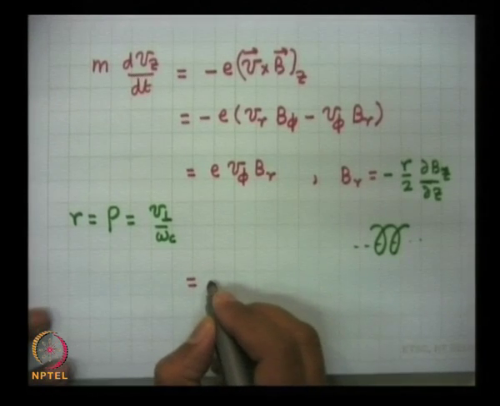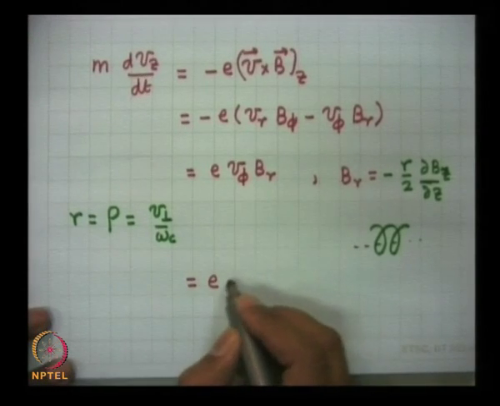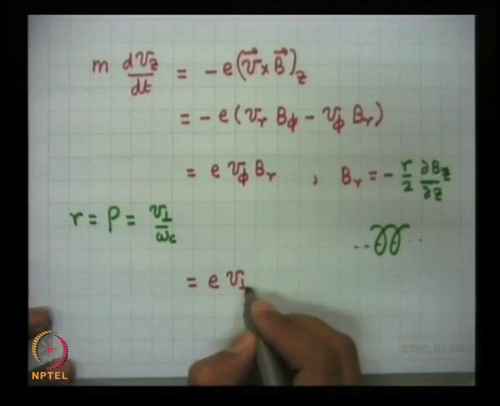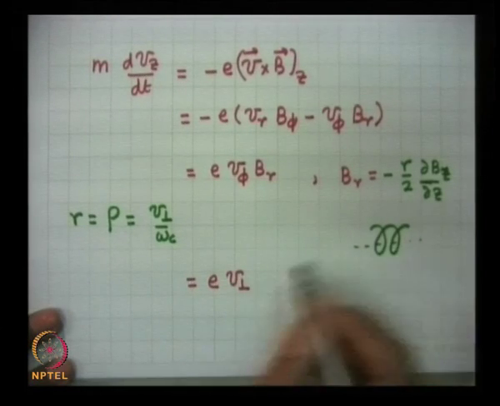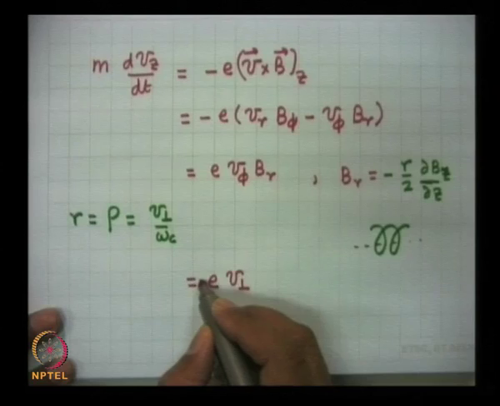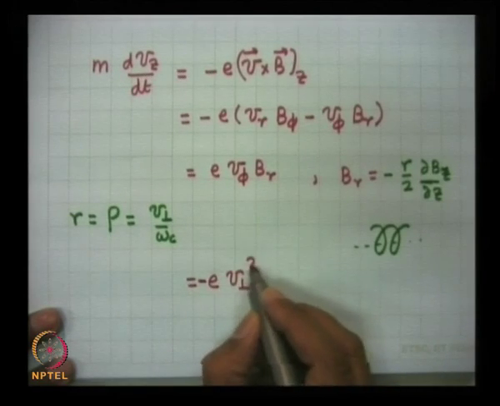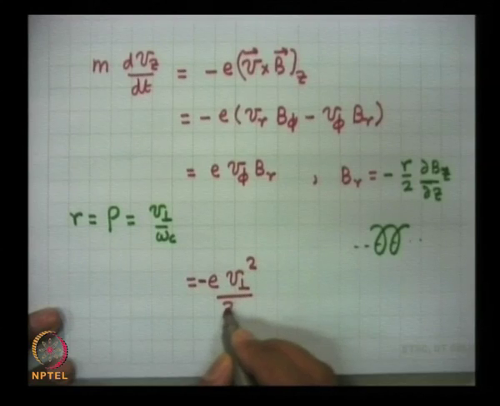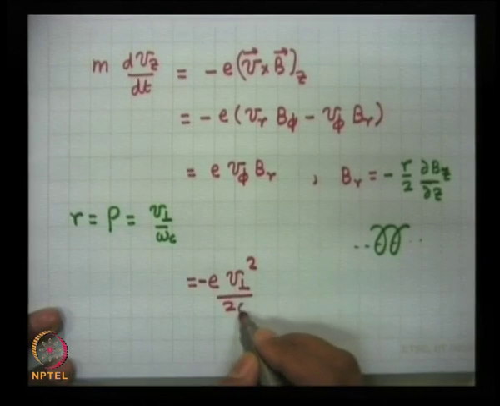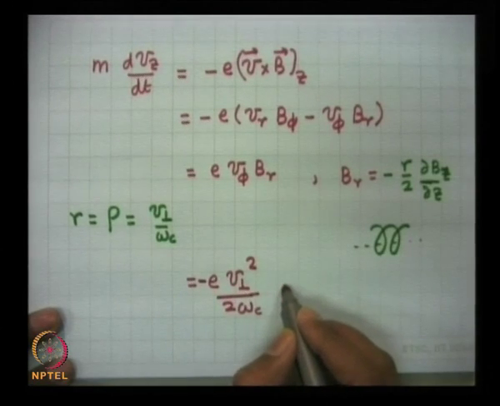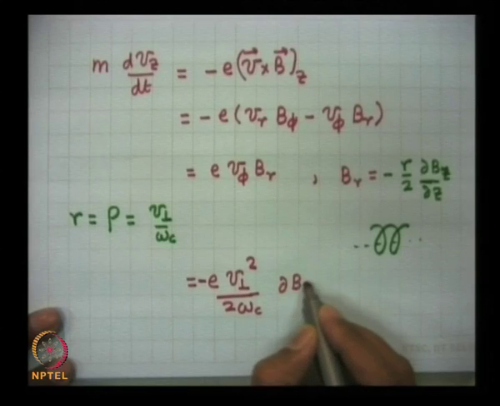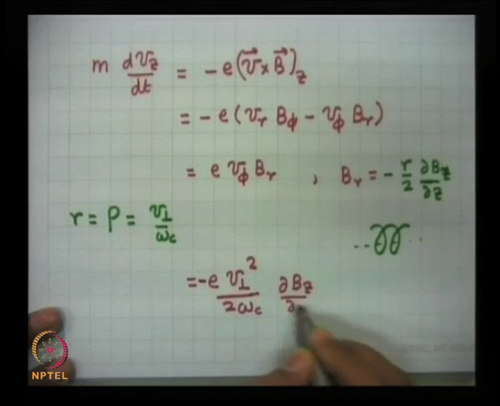equal to e V_phi, I can simply write as V_perp into B_r, which is minus, so the minus sign is here, and r is V_perp by omega_c, so it becomes V_perp square upon 2, this 2 and this omega_c into delta B_z upon delta z.